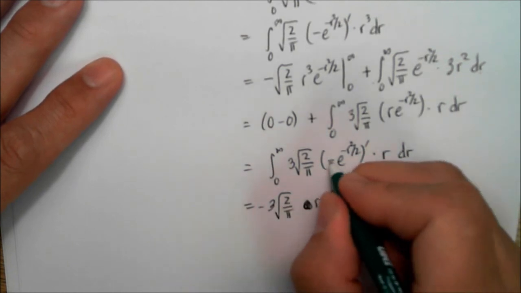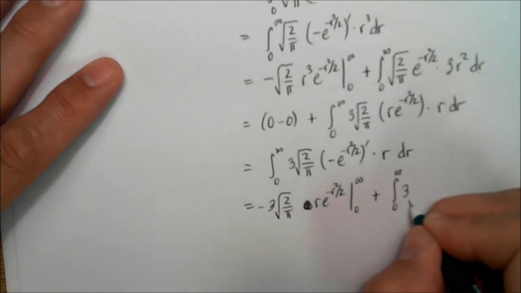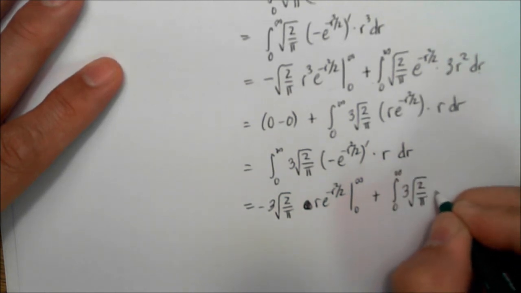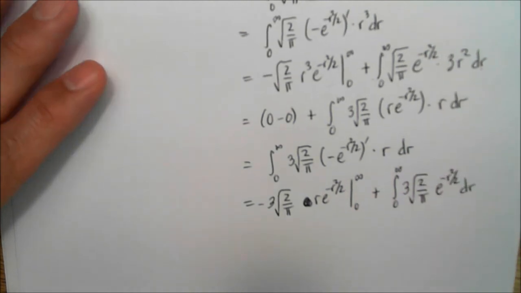Then minus a minus becomes plus, integral from 0 to infinity, 3 square root of 2 over pi times e to the minus r squared over 2 dr.